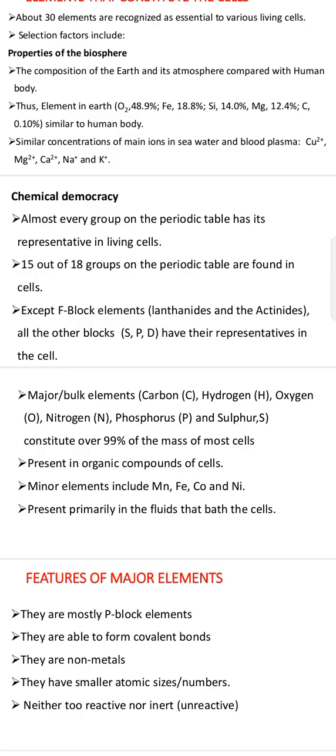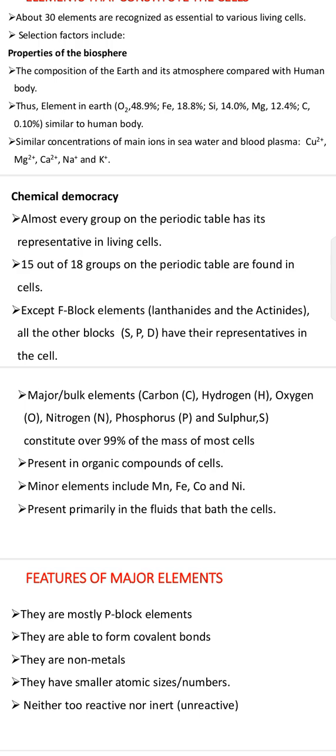So when the transition metals are added, we have about 18 groups on the periodic table. And all of these groups have representative elements. They have elements that represent them in the living cell.